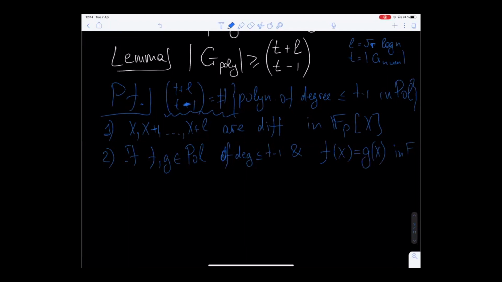Now when I write this identity, it's again a polynomial identity, because we took two polynomials from Pol. We may as well think of them as polynomials in some F of z, where z is the variable, just not to confuse it with x.